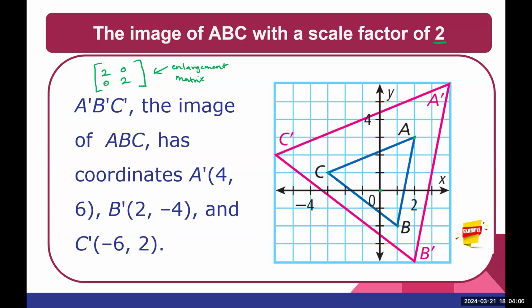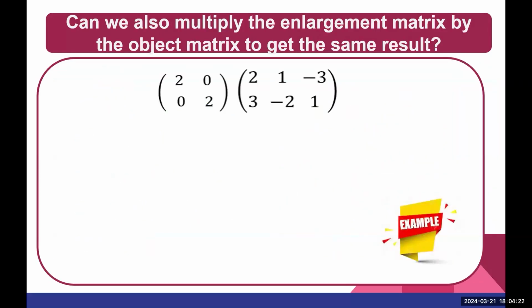Another way we could get the result is by using the enlargement matrix to multiply our matrix. Now that would be a more tedious process, but in some cases you will have to use that method of finding what you were asked for.